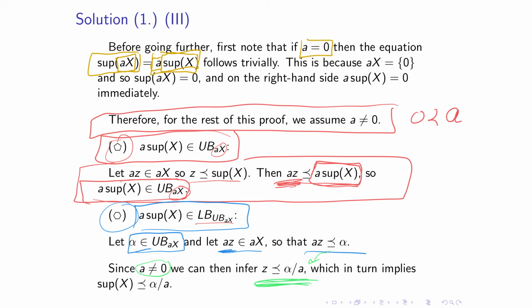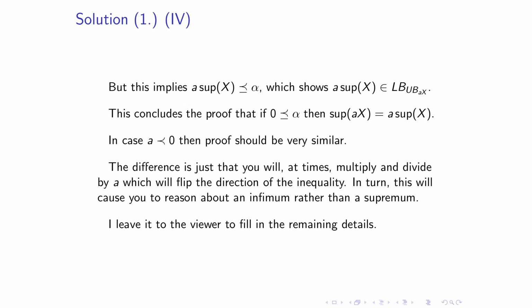This demonstrates that alpha over a is an upper bound on the set X. Because it's an upper bound on the set X, it must be greater than or equal to the least upper bound. And so we get this inequality. If we then multiply by a, we get this inequality, and effectively that shows exactly what we set out to prove, which is that a sup X is a lower bound on the set of upper bounds, because this was an arbitrarily chosen upper bound of aX.